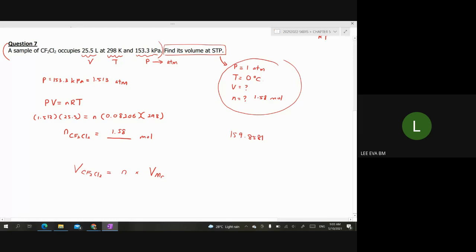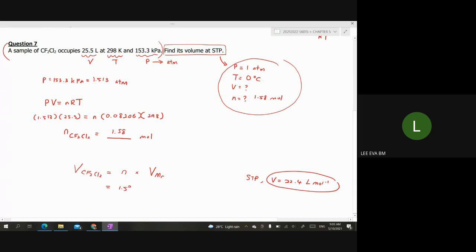Okay, macam mana kita cakap molar volume? So, if it's at STP, 1 mole of the gas occupies 22.4 liter per mole. Ini adalah kita punya molar volume. So, this is what you have used before.